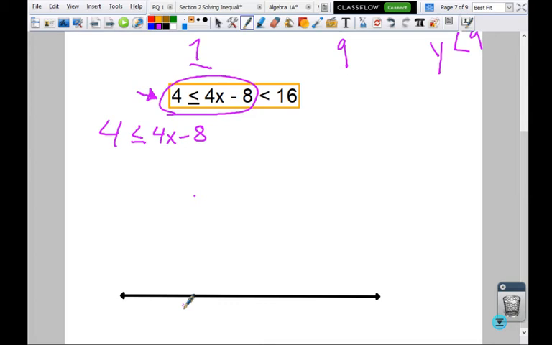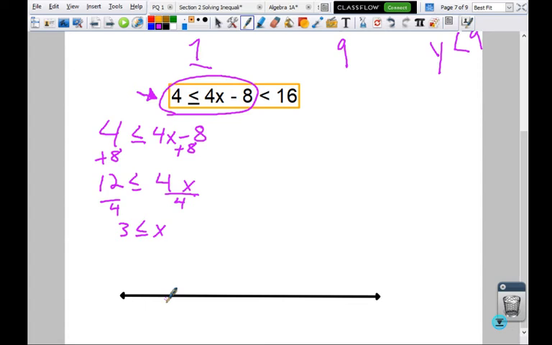Luis, what am I doing first? We're going to add 8 to both sides first. I'm going to get 12 is less than or equal to 4x. Then I'm going to divide by 4. I'm going to get 3 is less than or equal to x.